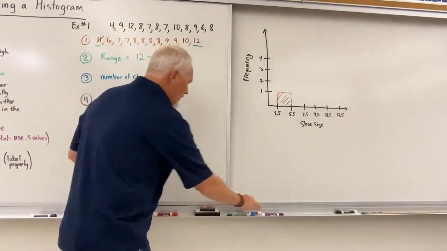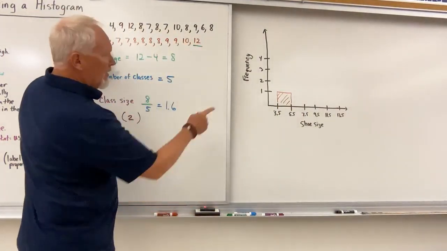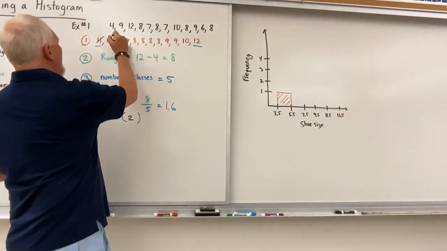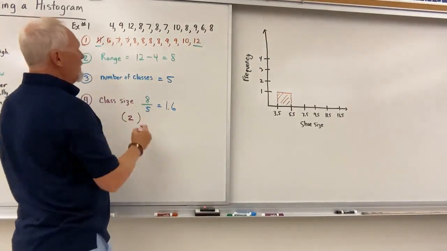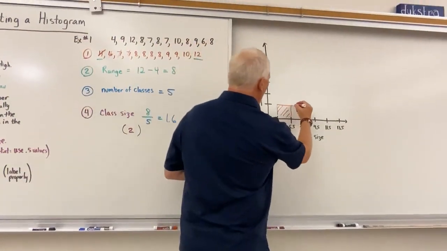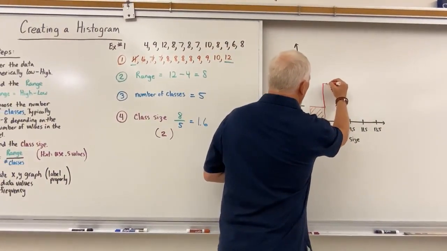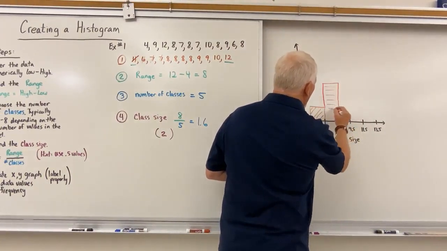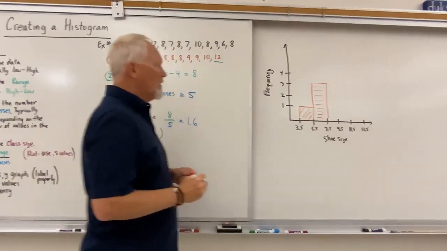Now I'm going to choose between 5.5 and 7.5. So let's see. I've got a 6, a 7, and a 7. So I've got 3 pieces of information. So I'm going to go up to 3, down, and this one is my 6 to 7.